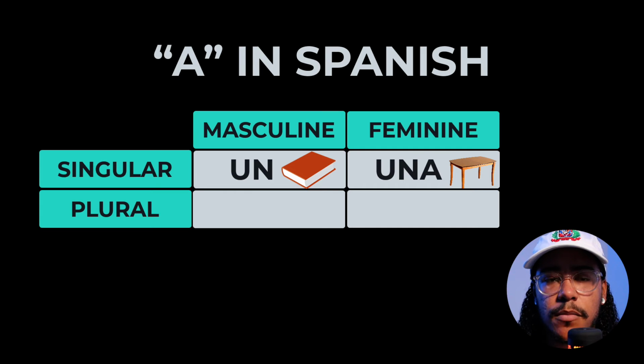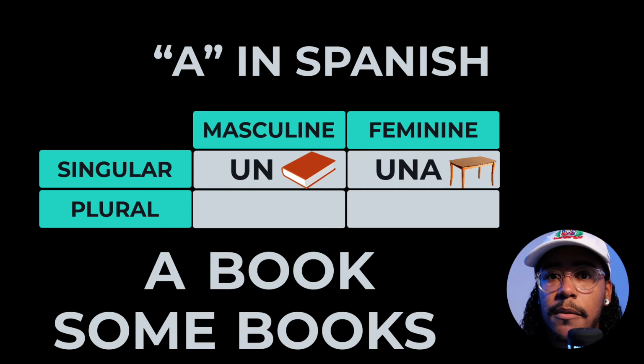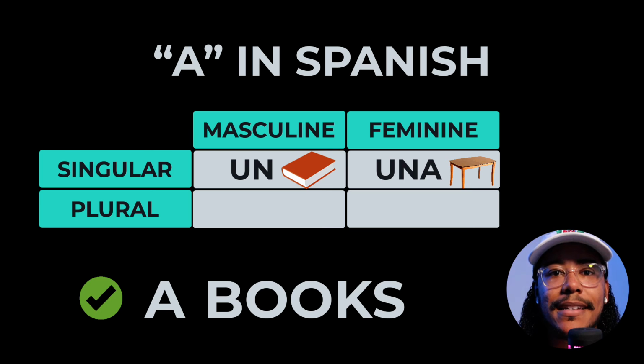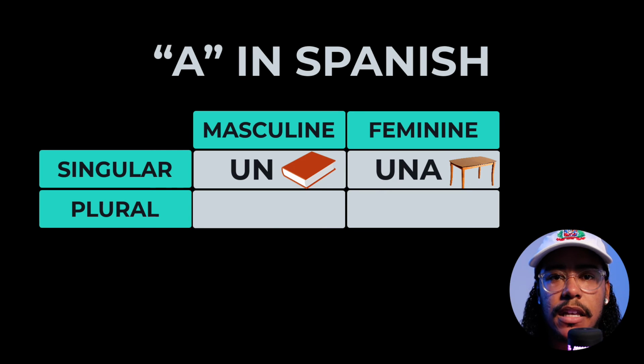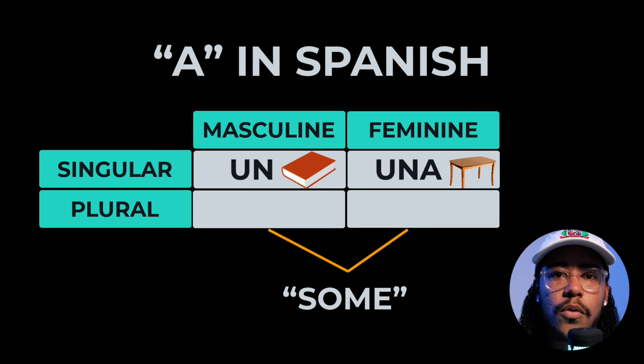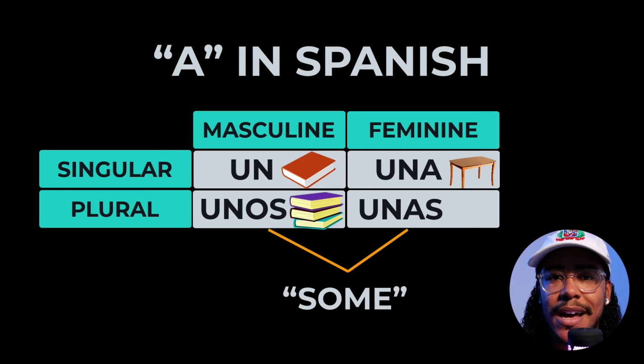It would either have to be a book and then something like some books, but it couldn't be a books. It just doesn't work that way. But in Spanish, it does. You can basically think of these as some in Spanish. So unos for masculine nouns, unos libros, and unas for feminine nouns, unas mesas.